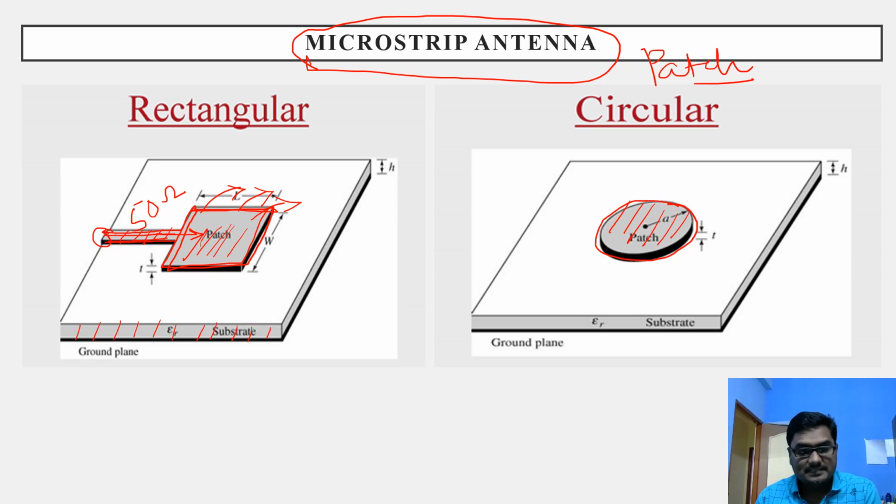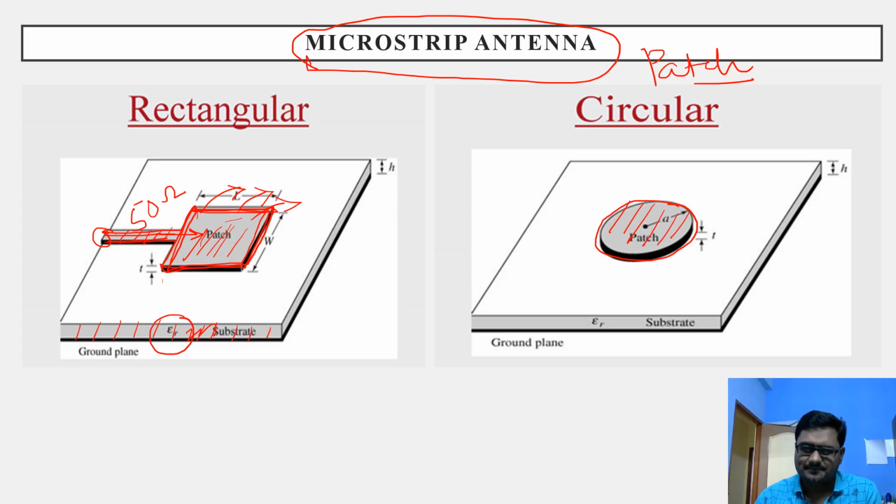Anything which has sufficient dielectric constant can work as a substrate. Bakelite, FR4, there are so many substrates available nowadays in the market. So you take any kind of substrate, then make a conductive patch on it. You put down a nice patch.